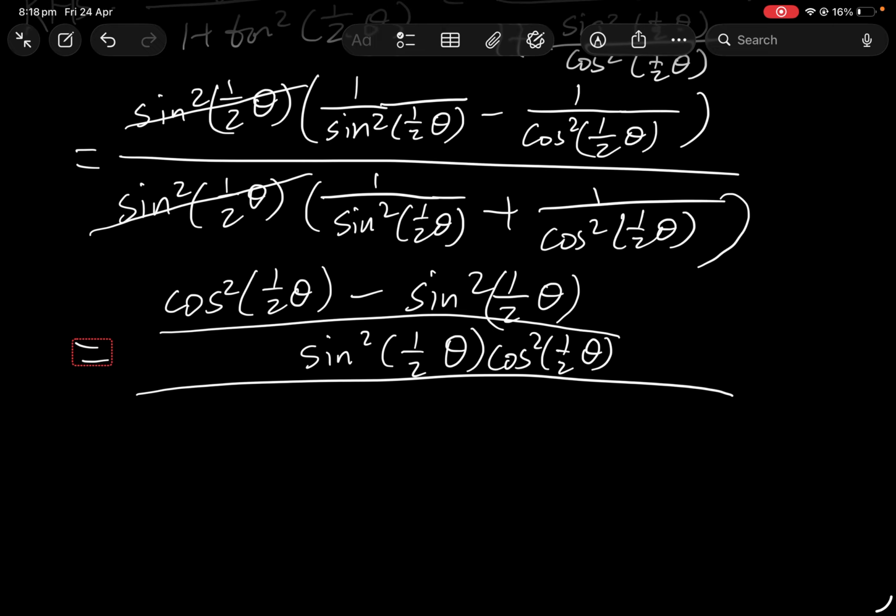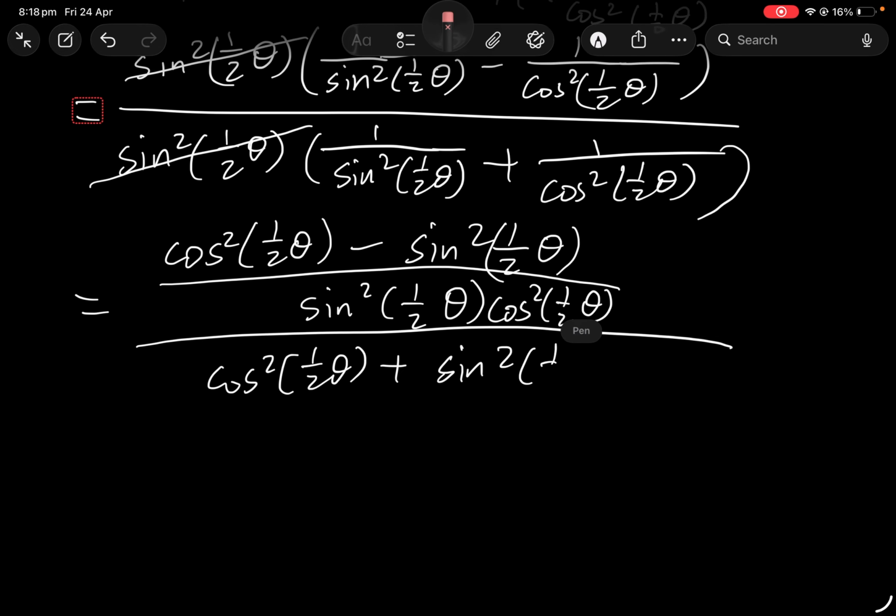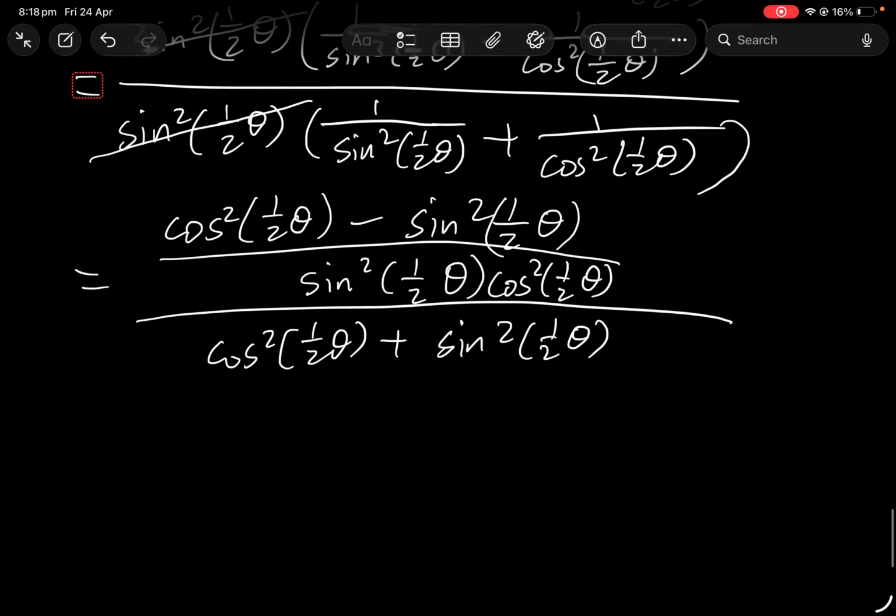And this will be all on top of, we'll do the same thing on the bottom, so it's cos squared, but plus this time, so it becomes sine squared, all over sine squared cos squared.